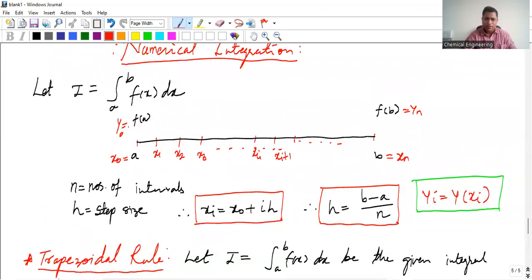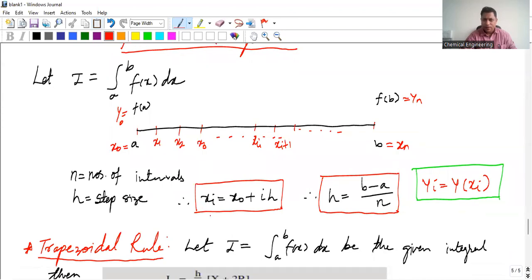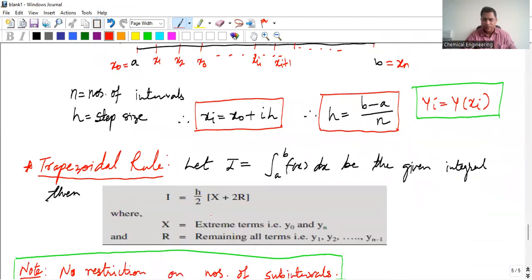This is y0 is equal to f of A and yn is equal to f of B. In the trapezoidal rule, here it is written that extreme values, that is, capital X. Yes, this capital X is the extreme values.